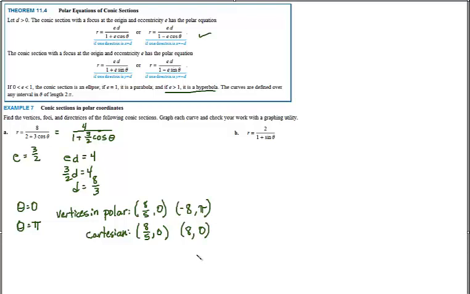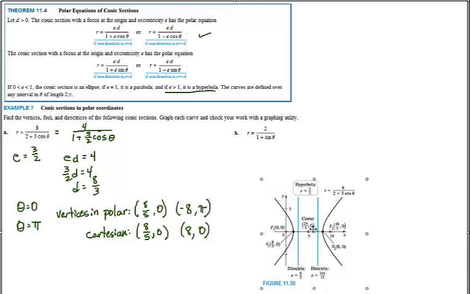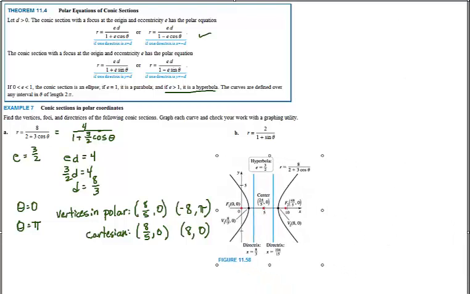Alright, almost done. We found our vertices. We found our directrix. Well, we found one of our directrices. We need to get our other directrix. So let's just go ahead and look at the graph. That'll help. What we can do is see that we have our vertices here.